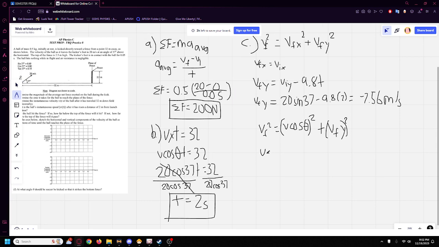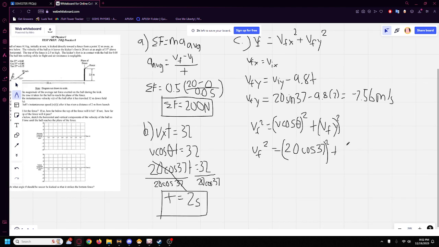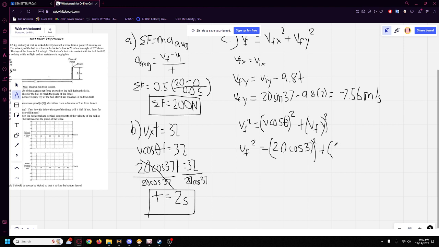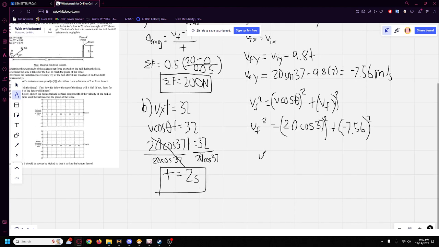You plug in your numbers, so it'll be 20 cosine 37 squared plus negative 7.56 squared.